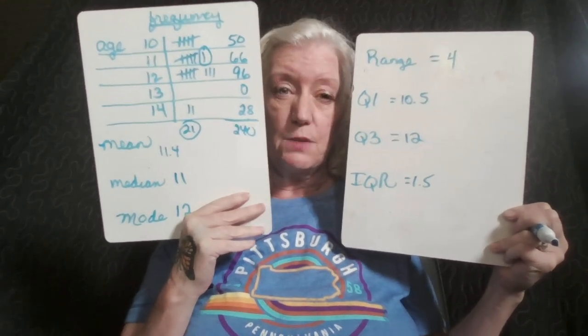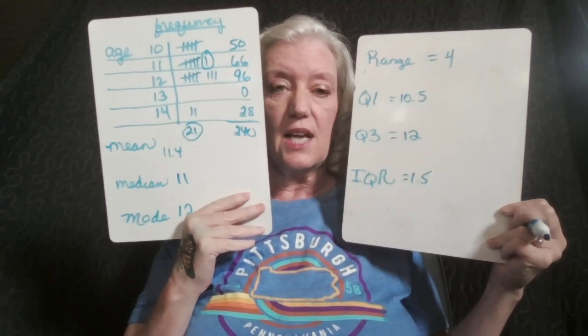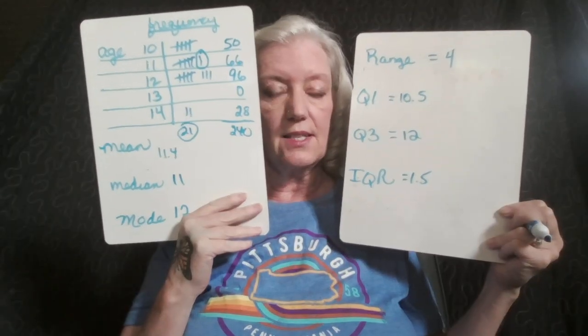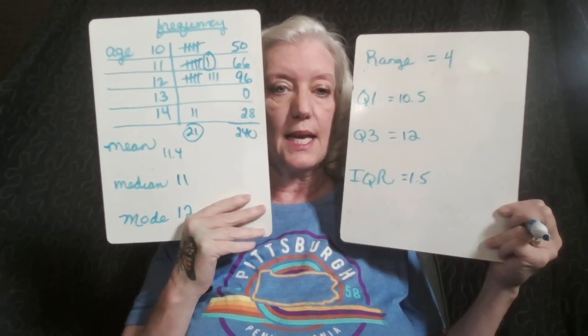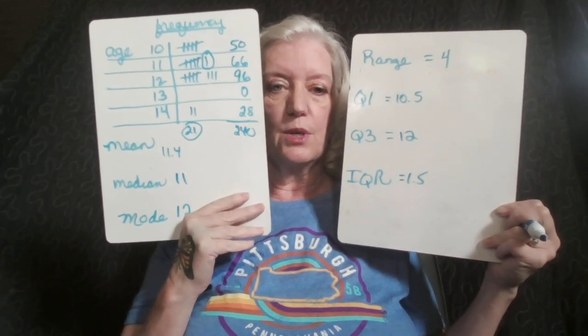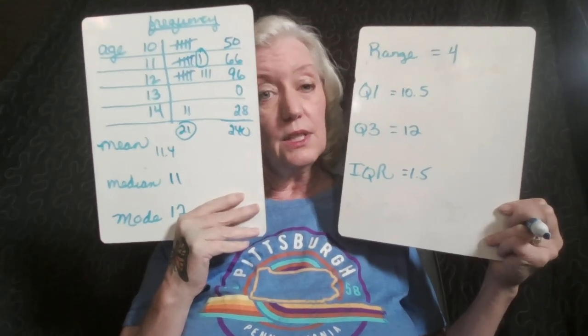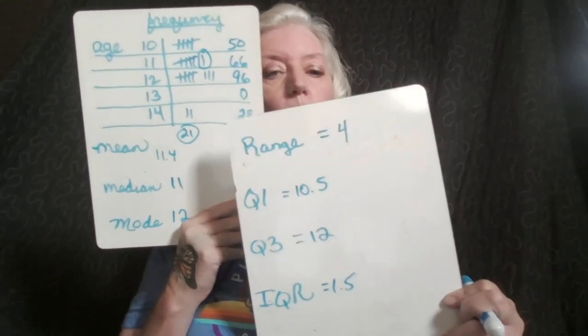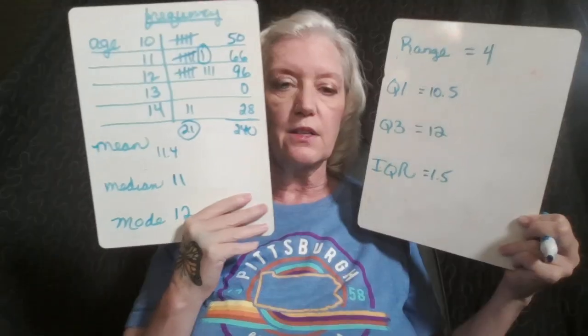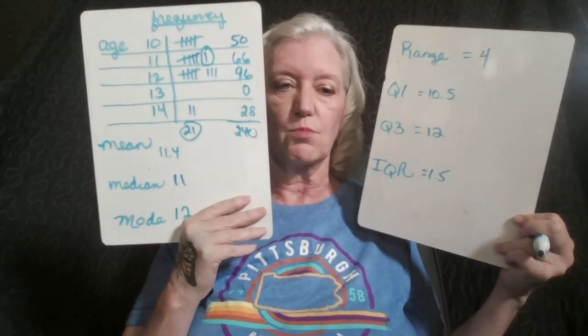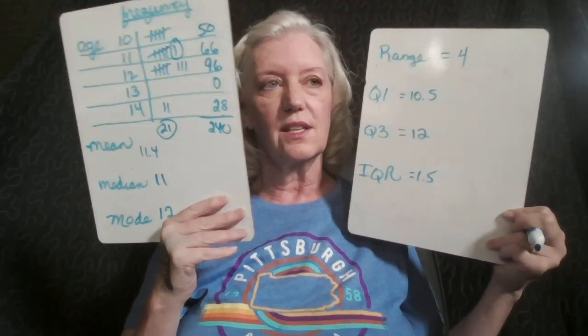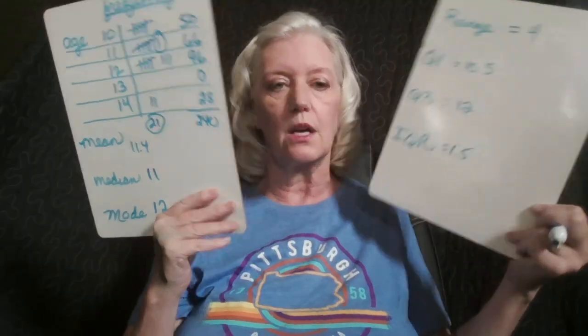Really, 14 is not that much bigger than 12, but in this data set, everything is kind of grouped between 10 and 12 with only 2 numbers of 14 that are out there. But usually when there's more than one that appears to be bigger or smaller than the rest, it's not an outlier because there's more than one. An outlier is statistically one number that's way bigger or way smaller.